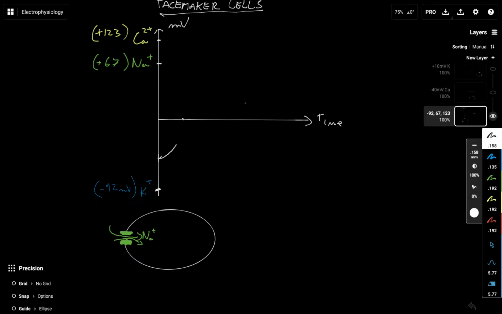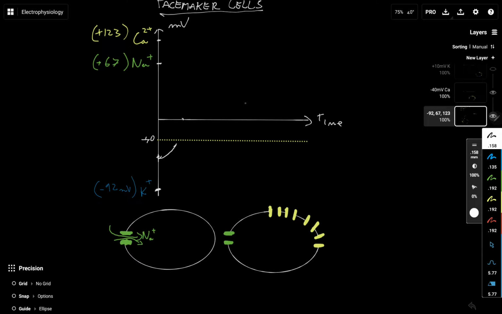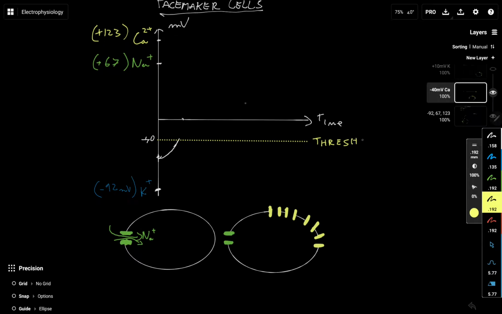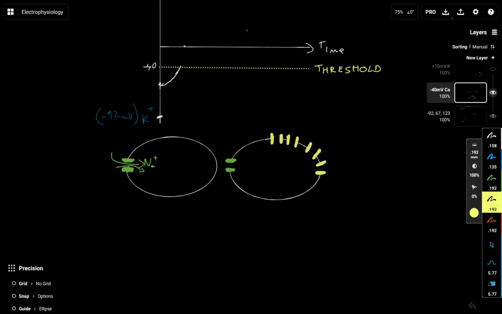How far up is it going to go? It's going to reach approximately minus 40 millivolts. When it gets to minus 40 millivolts, something happens. At minus 40 millivolts, we have what we call a threshold. This threshold is for my voltage gated ion channel, to be precise a voltage gated calcium channel, to open up.